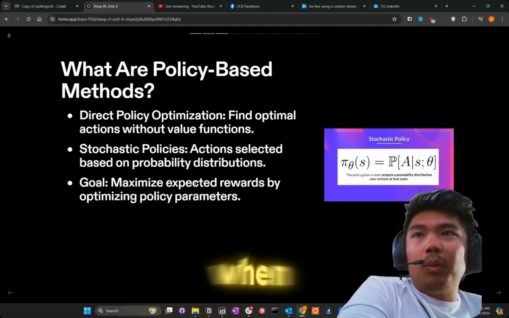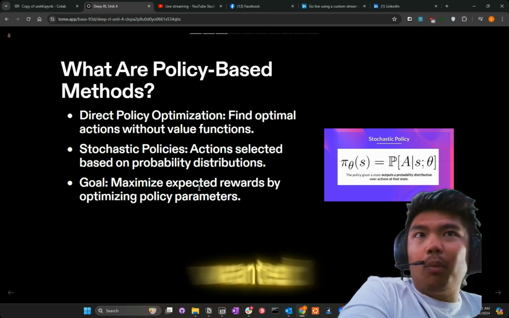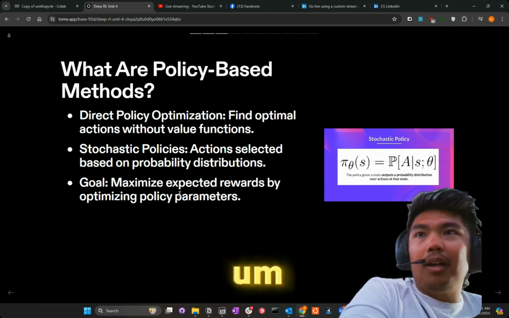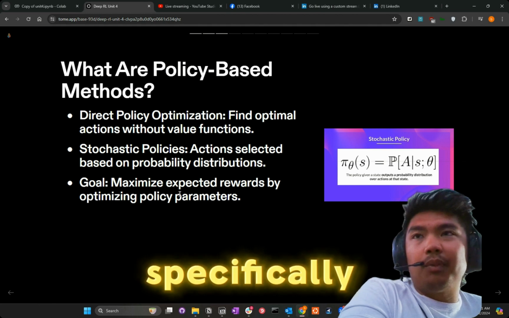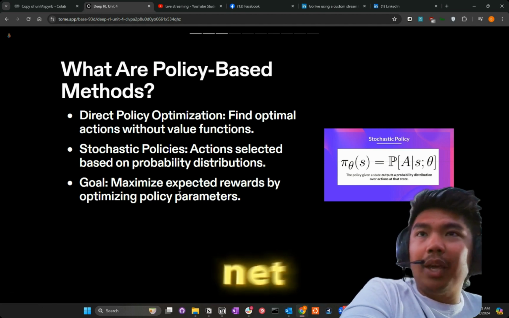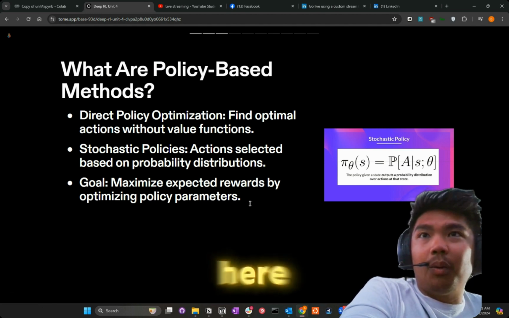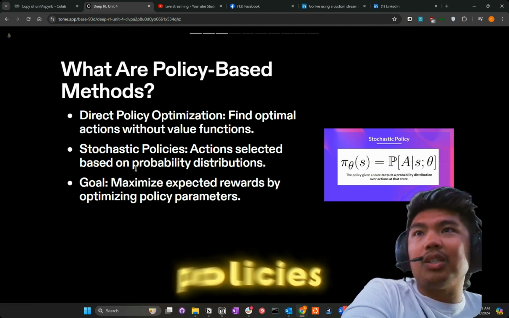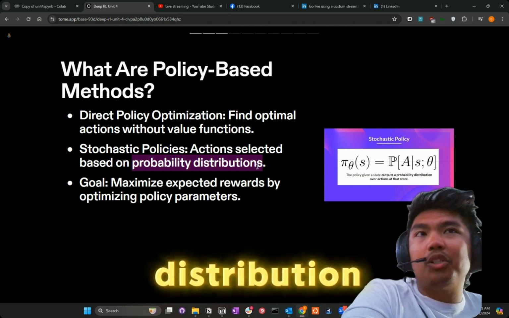So when we were doing deep Q learning, we wanted to get optimal values in our Q table. Specifically in Q learning without the neural net, but here we can get these stochastic policies which give us a probability distribution.